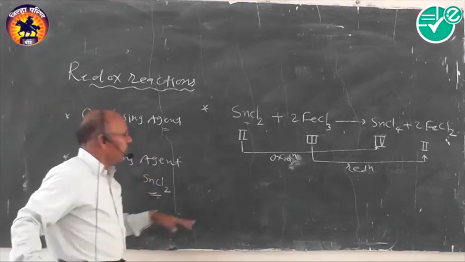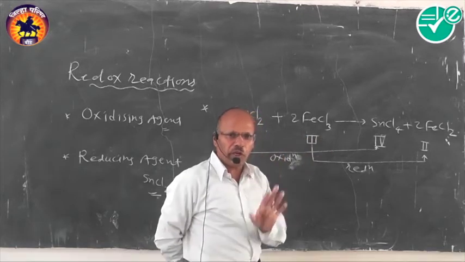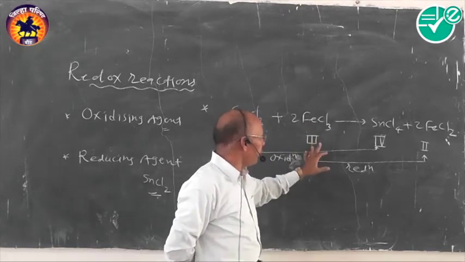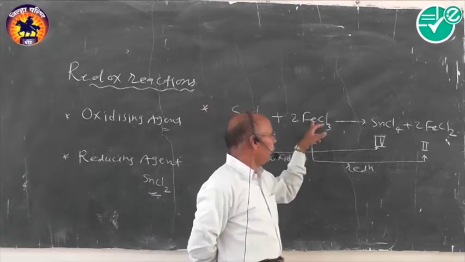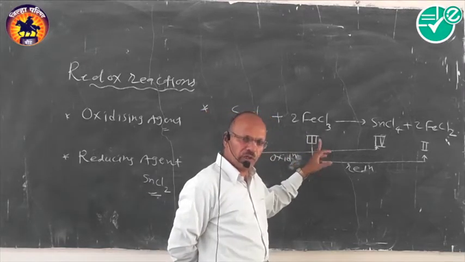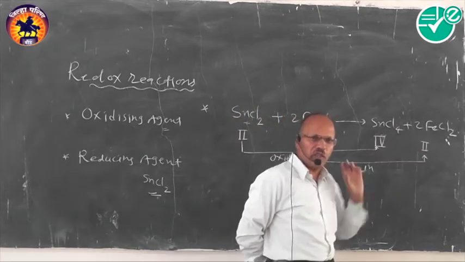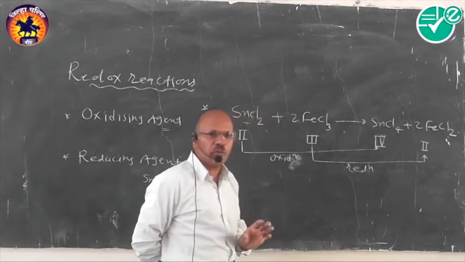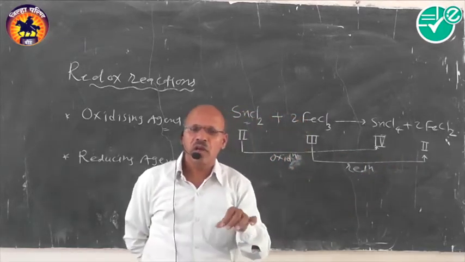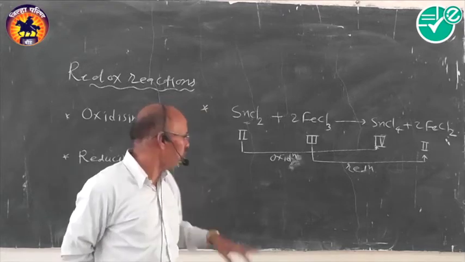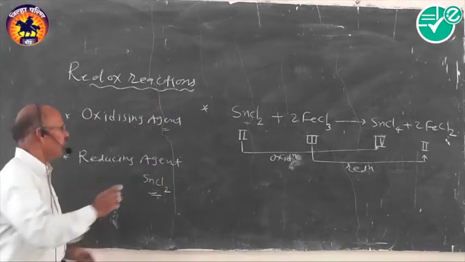Now check the role of ferric chloride. In ferric chloride, the iron state is +3, and it shows the state as 2. The state changes from 3 to 2, which means it shows the process of reduction, and therefore it acts as a well-known oxidizing agent in this reaction.